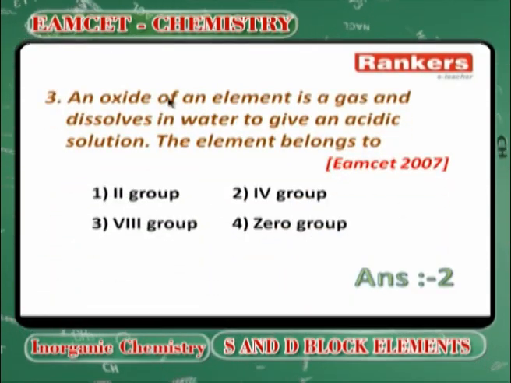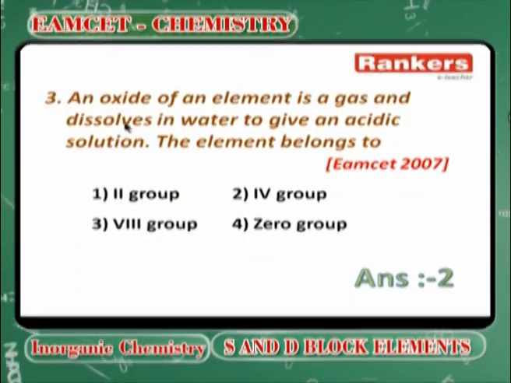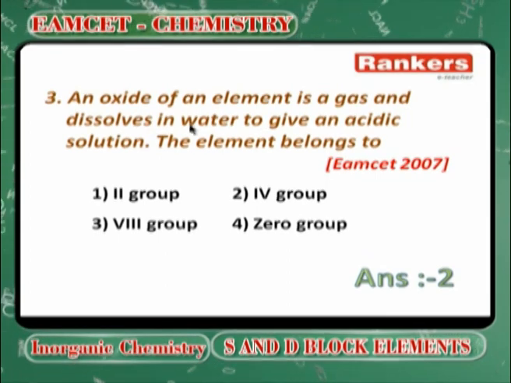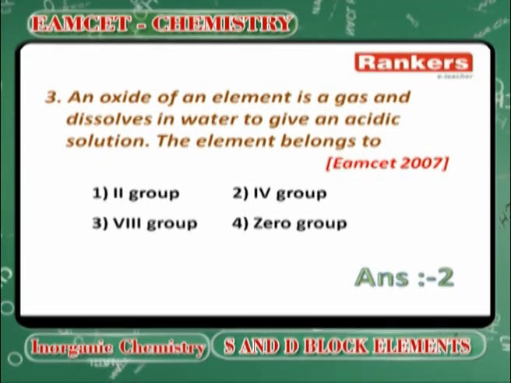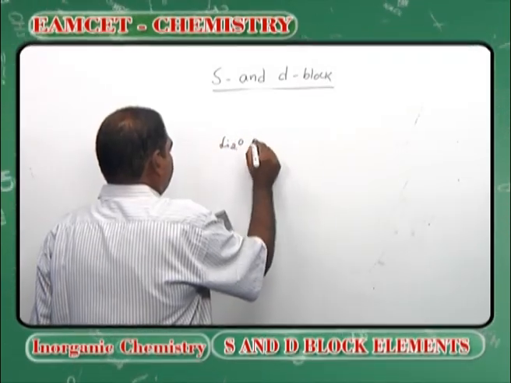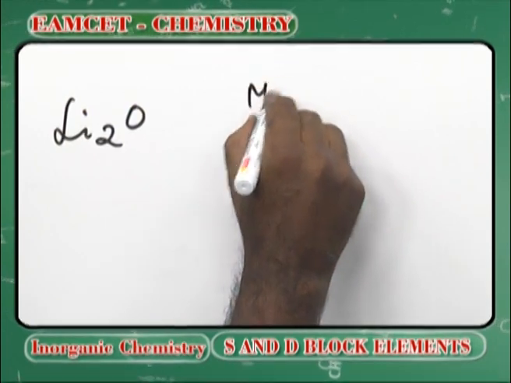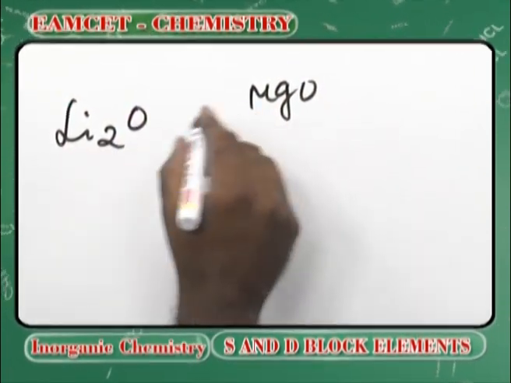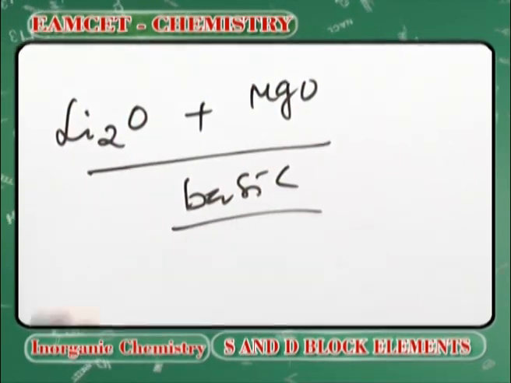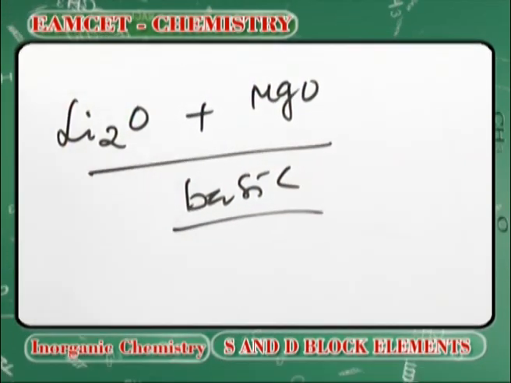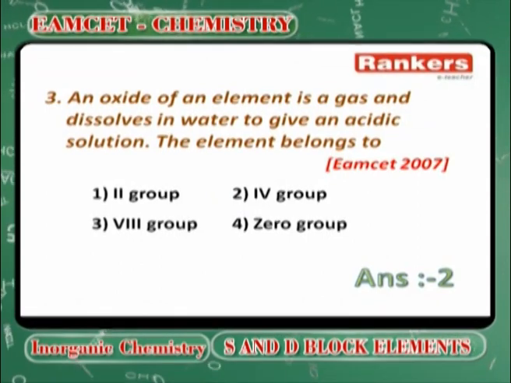An oxide of an element is a gas and dissolves in water to give an acidic solution. Look here. Oxides of groups 1 and 2, Li2O, MgO, they are both basic oxides. Metal oxides are basic. The zero group doesn't even form oxides.